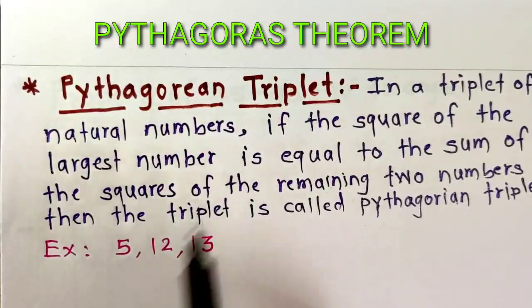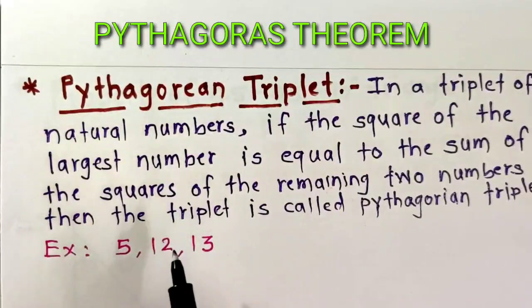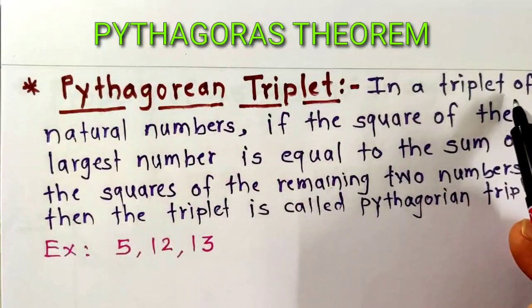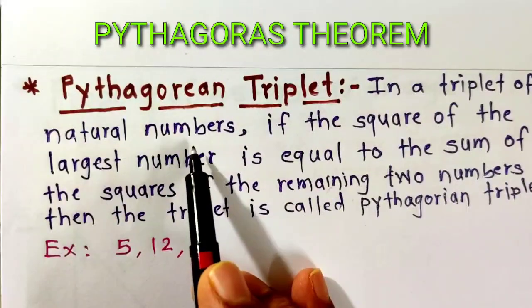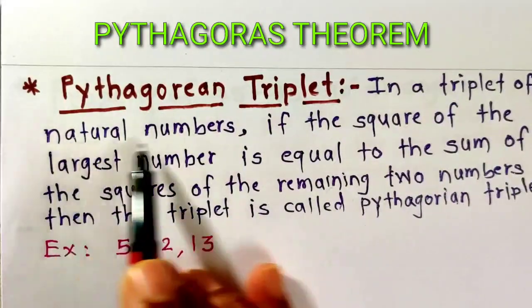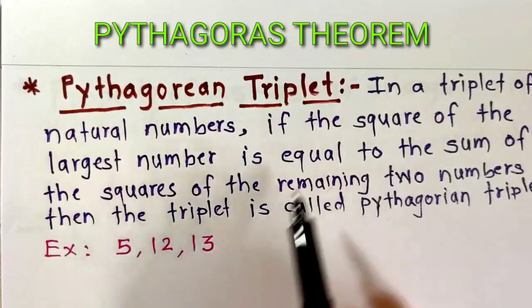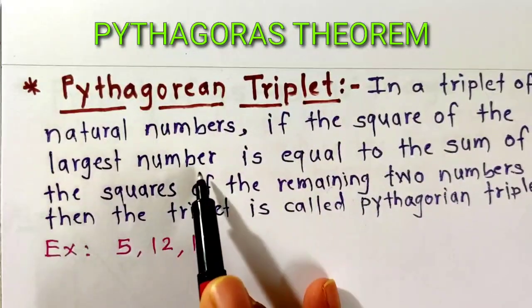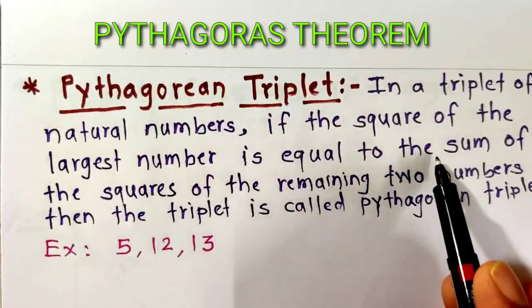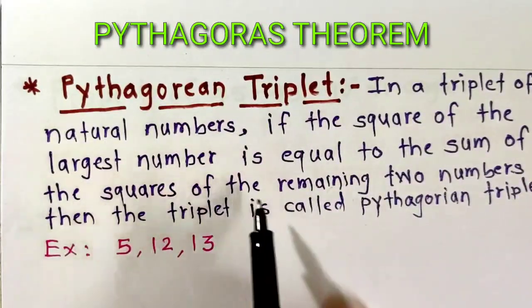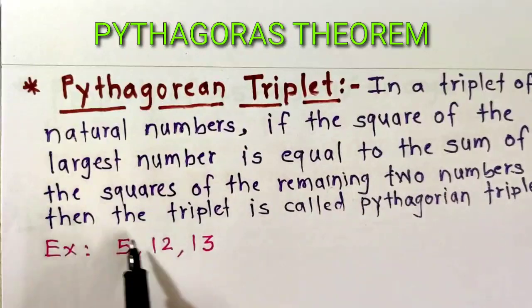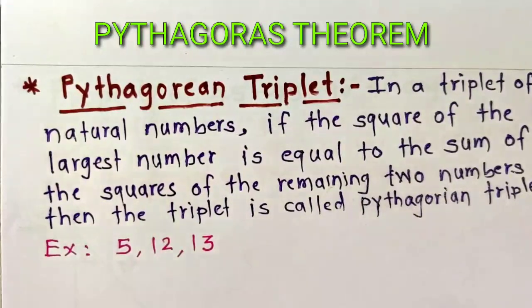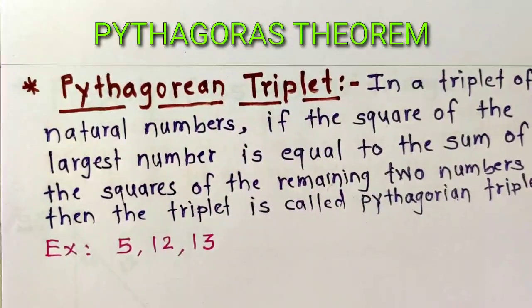Triplet means 3 numbers. Whenever 3 natural numbers are given, if the square of the largest number is equal to the sum of the squares of the remaining 2 numbers, then the triplet is called a Pythagorean triplet. So it is so easy.